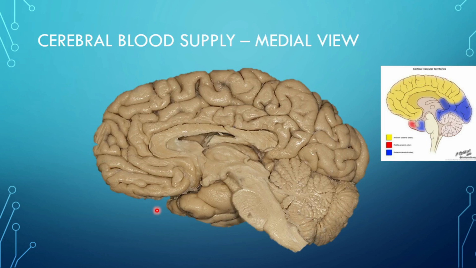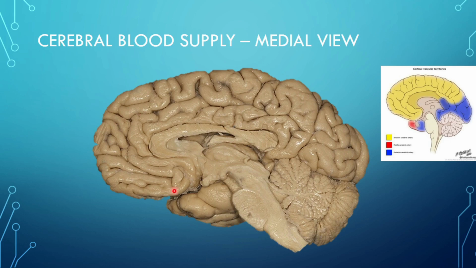So we saw the territories of the anterior, middle and posterior cerebral arteries on a lateral view. So then we'll have a look on a medial view here. This is a medial view of a right cerebral hemisphere. So here, this would be anterior, this would be posterior, superior and inferior down here.